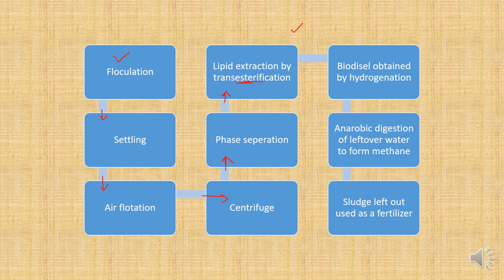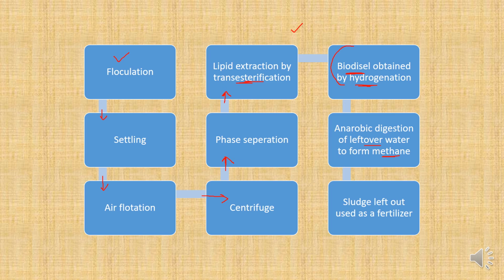Actually, this slide is mainly dedicated to one of my subscribers who asked me to make videos on algal biodiesel production. So this is the entire flowchart for biodiesel production. After the algal biomass is used for biodiesel production, the leftover water is converted to biogas, that is methane.